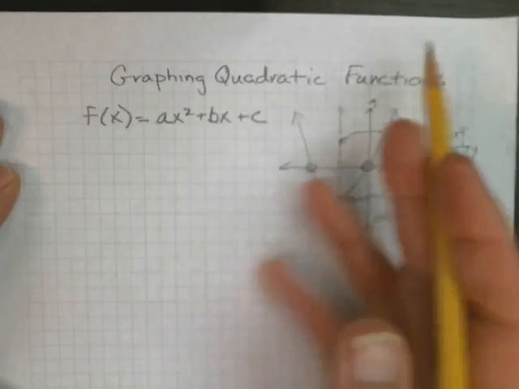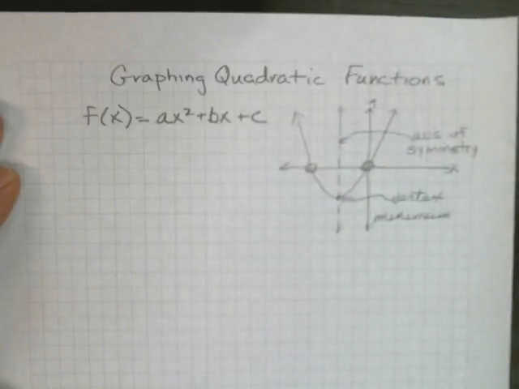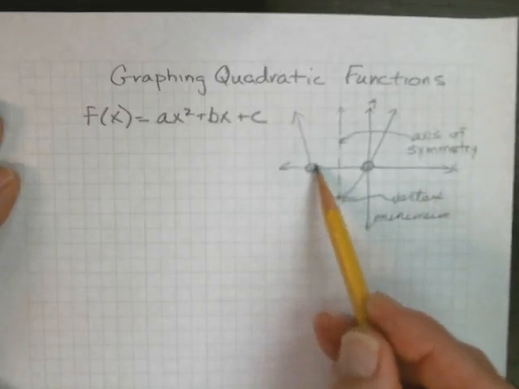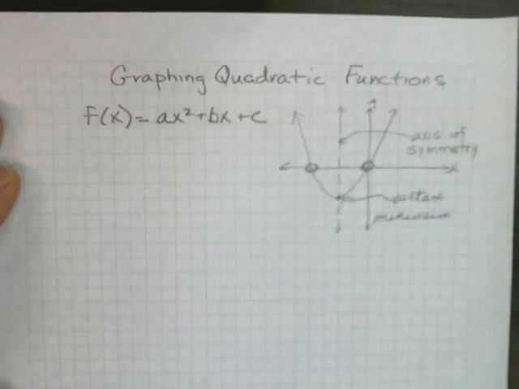So we spend a lot of time working on factoring quadratic equations or quadratic expressions or trinomials. And this is another way to get those roots or to view those solutions. So here we go.